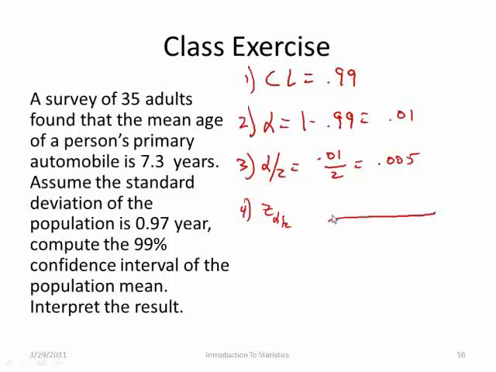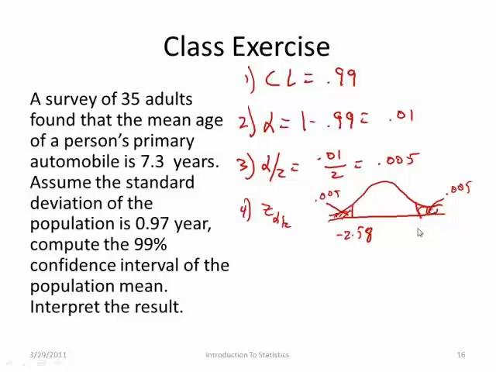So again, one thing you can do is use your normal curve and note that this area is 0.005 and that this area is 0.005. So if you have to use the book or your tables, you pull out your z tables, you go to 0.0005 in your table, and you will find that this is about negative 2.58, because this is one of the numbers I gave on that table, by the way, as well.